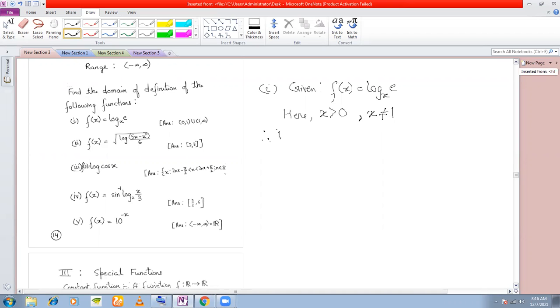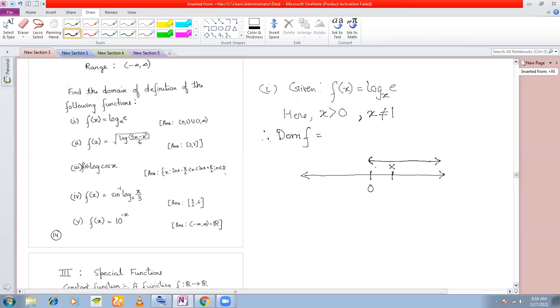Therefore, the domain of f must be equal to, if you consider the real number line, what are the values you are leaving out? This is your 0. So all positive values you are taking, starting from 0. And which value are you leaving out? 1.